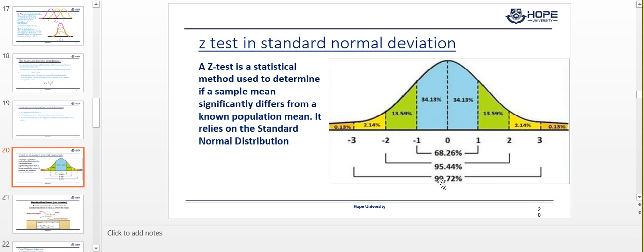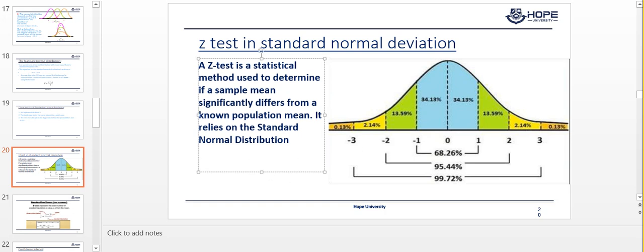Section 2 is 95.4. Section 3 is 99.72. So if I say our z-score is plus and minus 1, it means we have a percentage of 68.26.